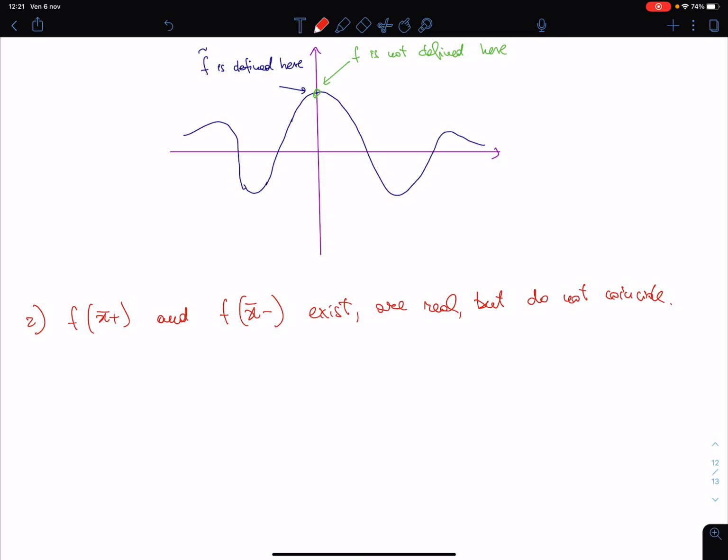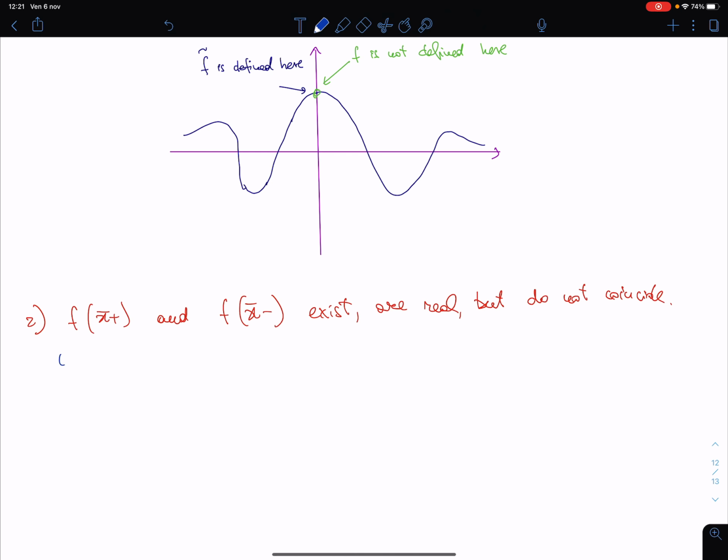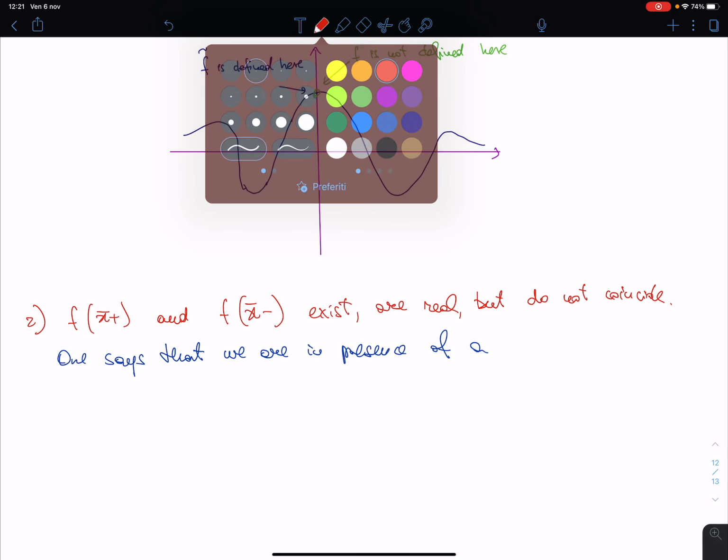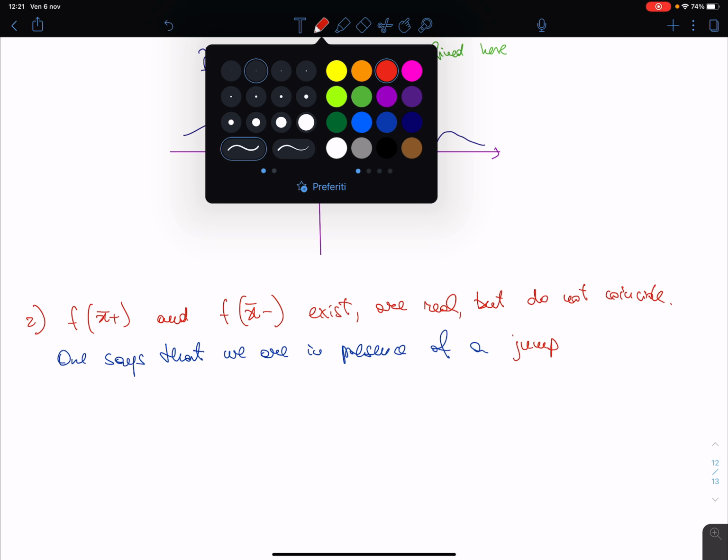And one says that we are in presence of a jump, or discontinuity of the second kind.